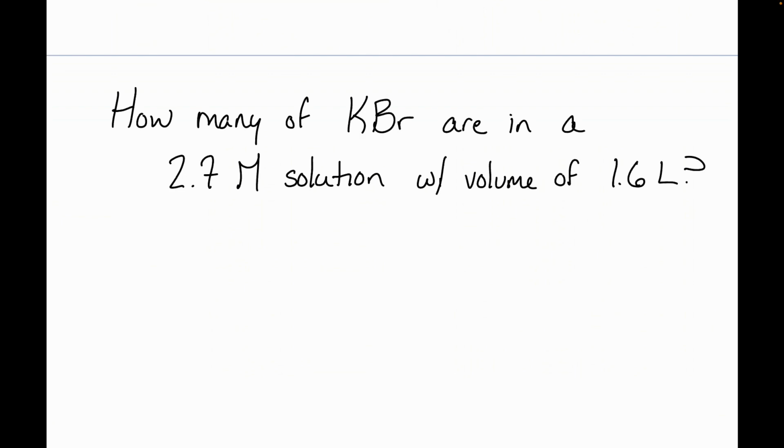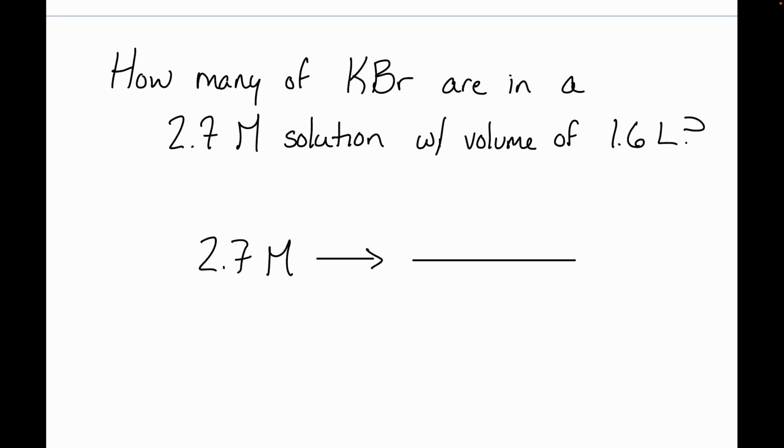So step one, everybody's going to take a second and turn this 2.7 big M into something that we can use in our math by splitting up those two units. Again, that big M stands for moles over liters, so that's exactly what you're going to do. You're going to split it back up, just like we did with grams per mole when we were using our molar masses. We turned it into something that we can use in our math.